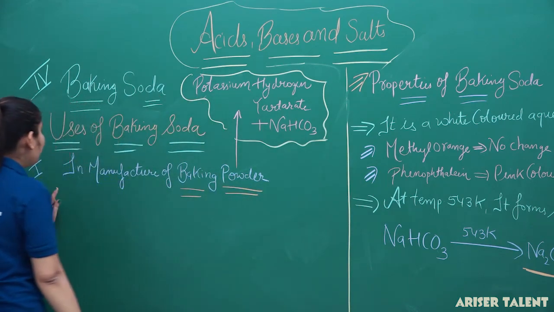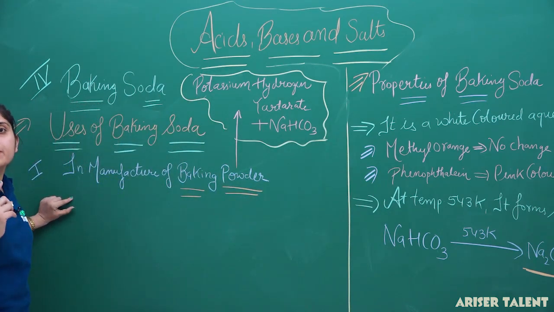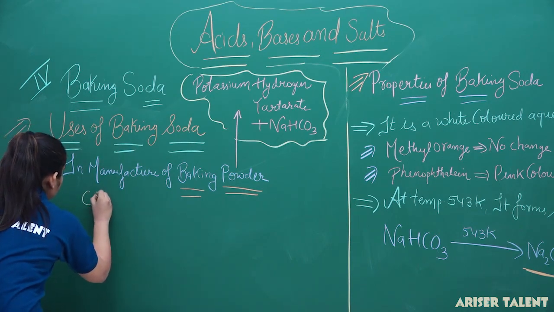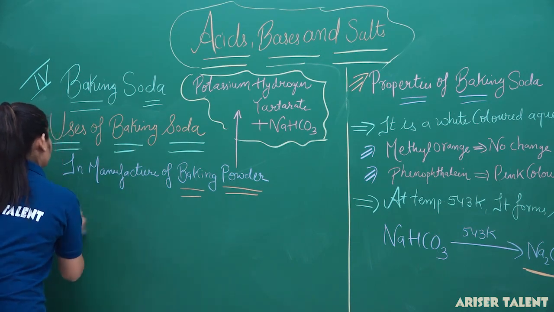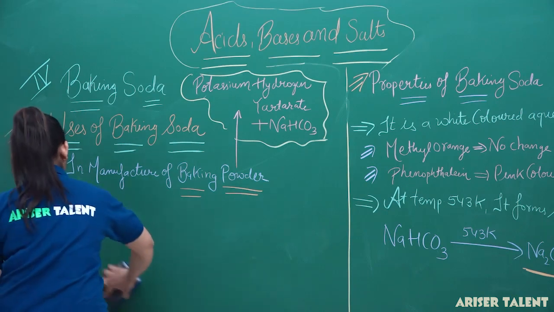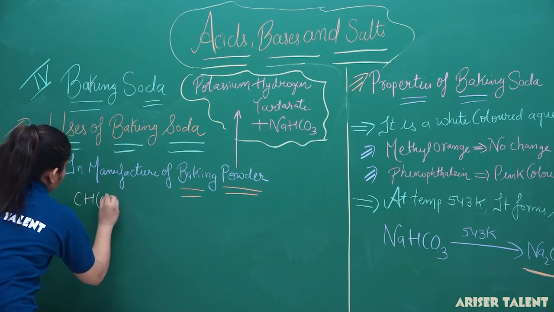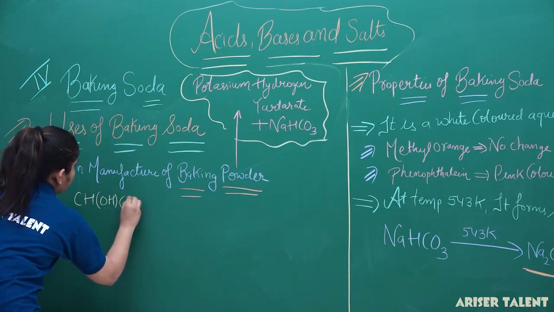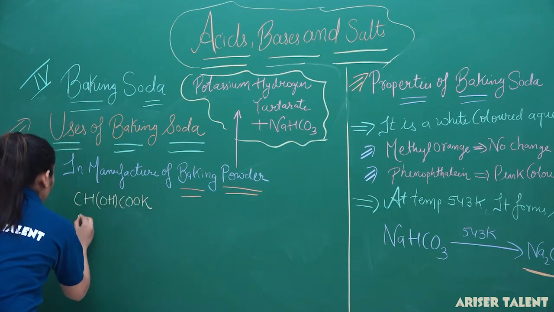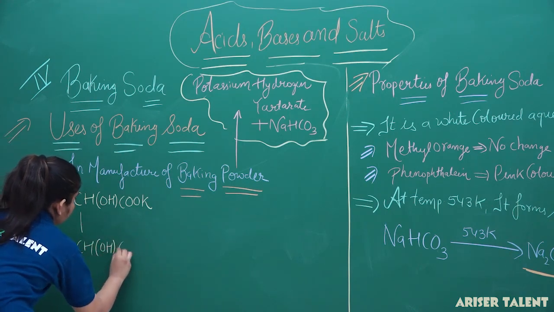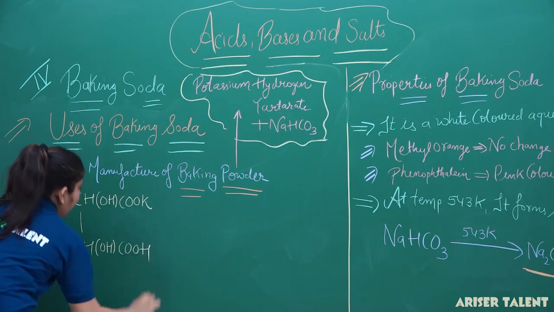Now we will write here the potassium hydrogen tartrate, and its basic formula will be CHOH bonded by CHOH.